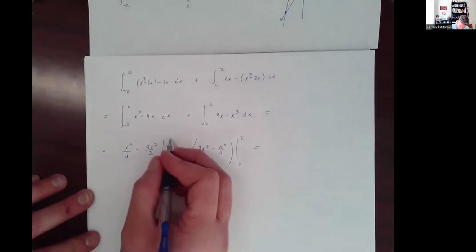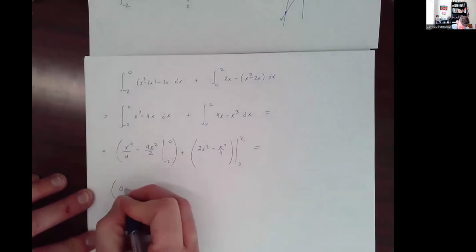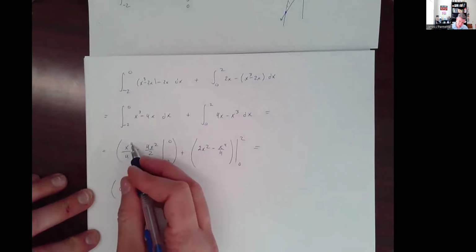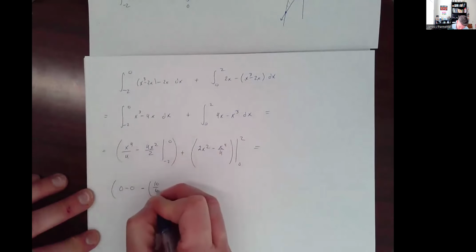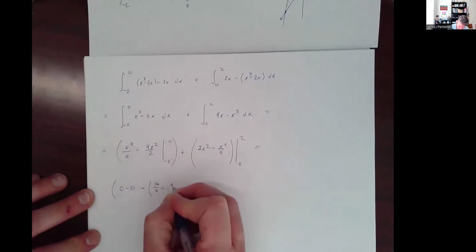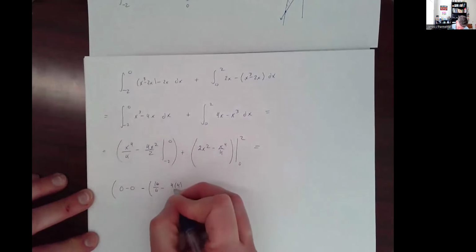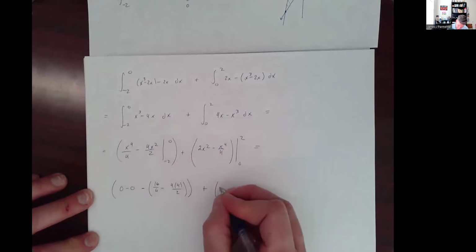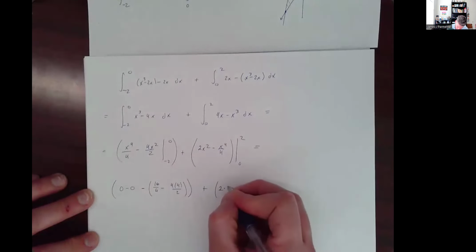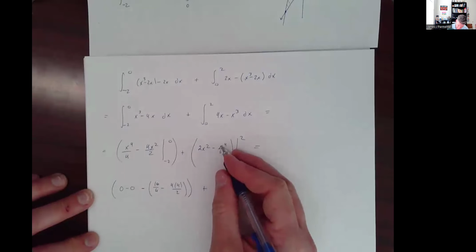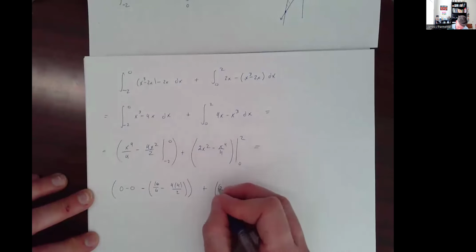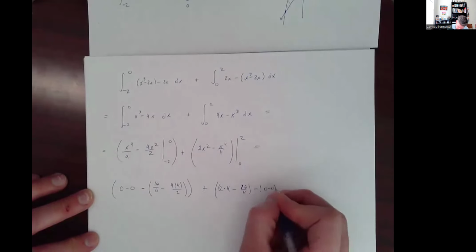First, plug in 0, you get 0 minus 0, minus, you plug in -2. -2 to the 4th is positive 16, and -2 squared is positive 4. Plus, plug in 2 here: 2 times 2 squared is 2 times 4, and then minus 2 to the 4th over 4 is 16, and then that's going to be minus 0.